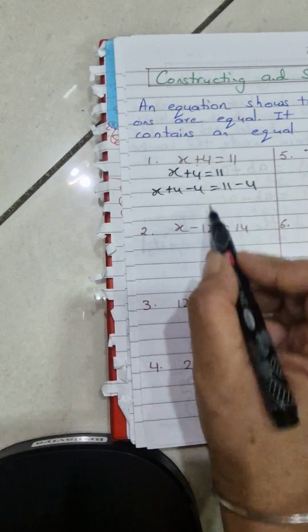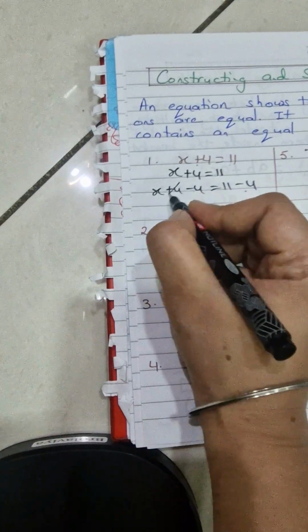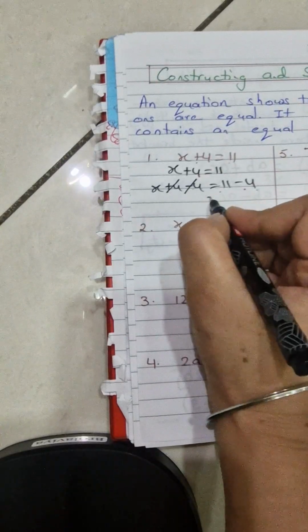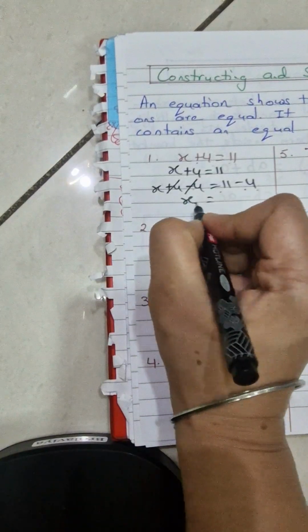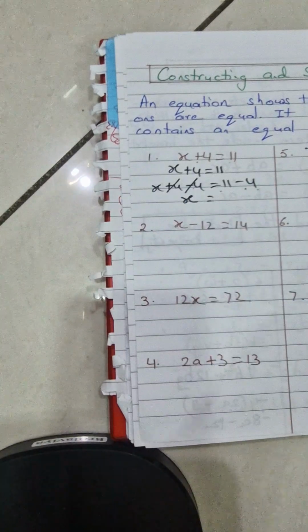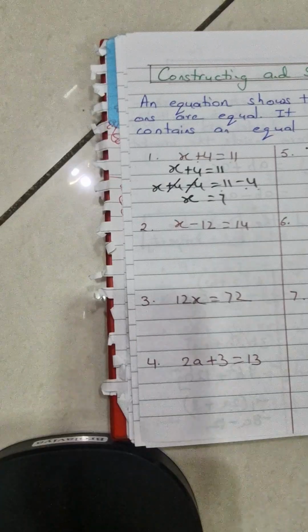Because here it is positive, I have subtracted the number from both sides. So this will be finished because positive and negative become 0, and 11 minus 4 gives you your x value, that is 7.